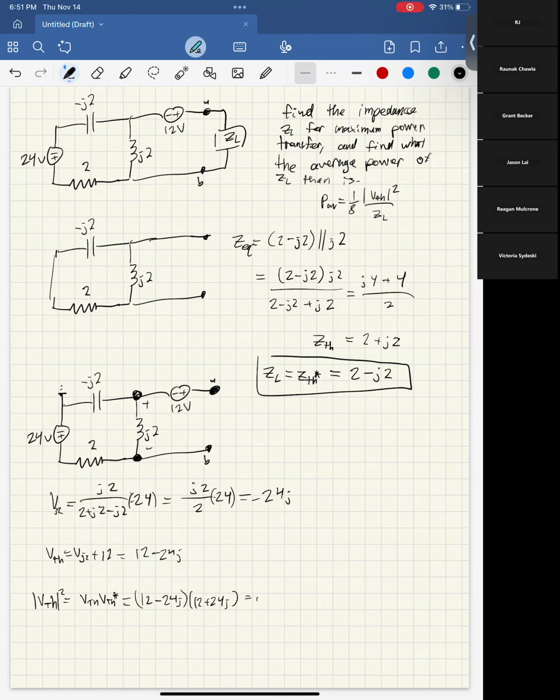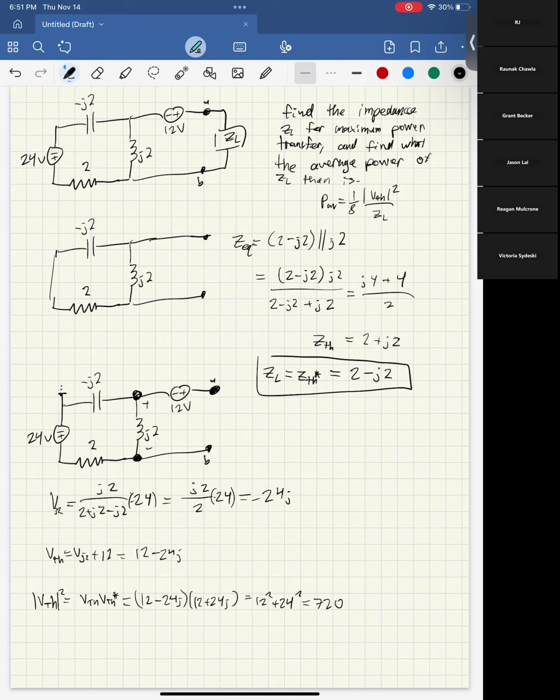That ends up being 12 squared plus 24 squared, which I don't know off the top of my head. It's 144 plus some other number, 720. So we get 720 as our VTH squared.